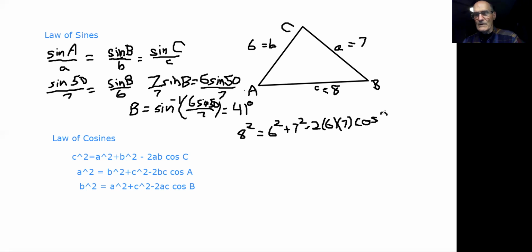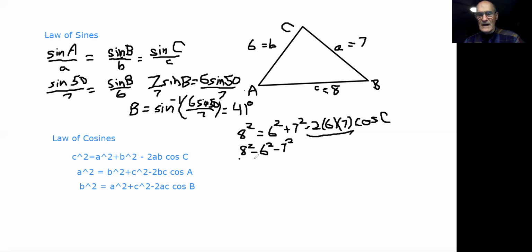What I do next is subtract off, so I have 8 squared minus 6 squared minus 7 squared. And then I have to divide by the multiplier of cosine C, which is this term here.